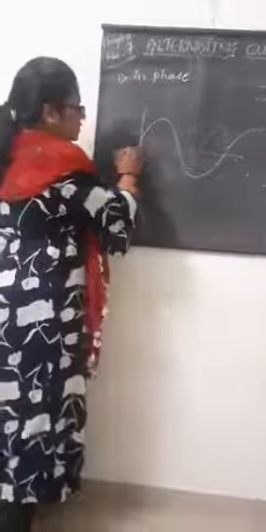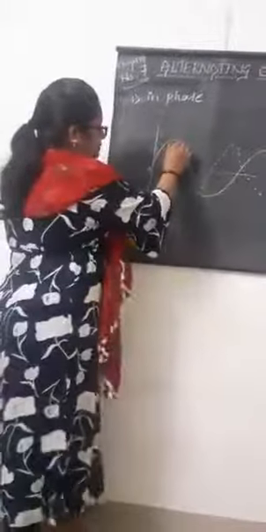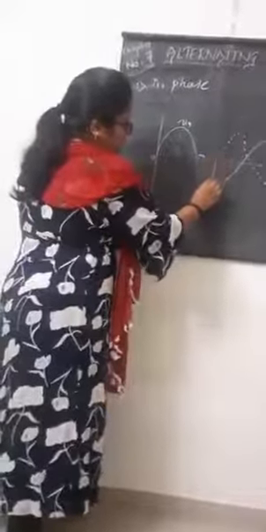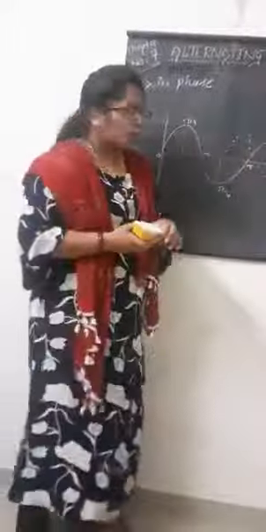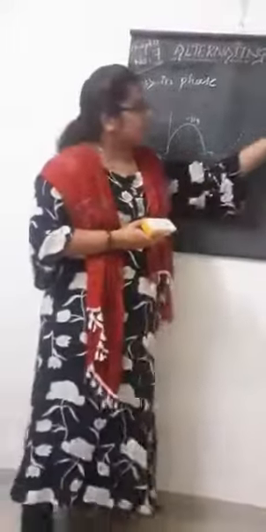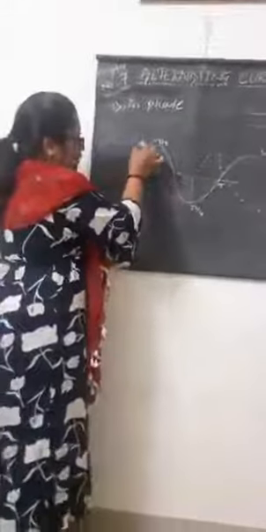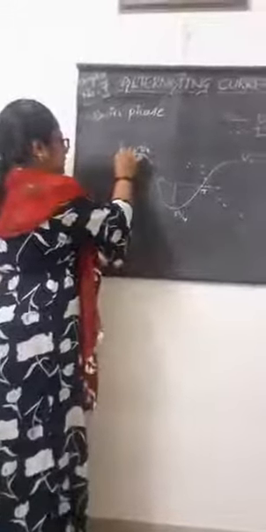Its position is 0, and here it is T by 4, T by 2, 3T by 4 and T. Now what will be the wave B? What will be the wave of current? See here, it started from T by 4 already. So for the wave B, it is already at T by 4.